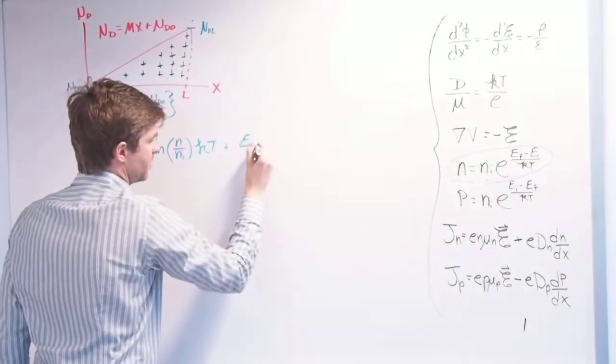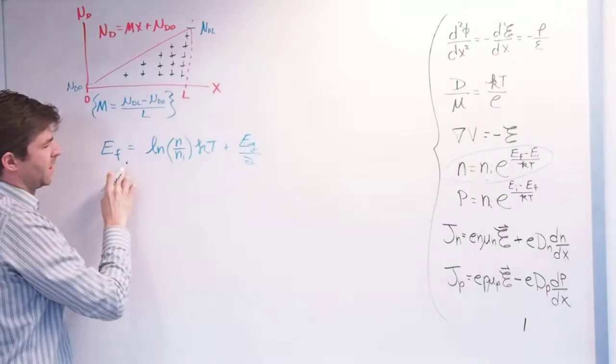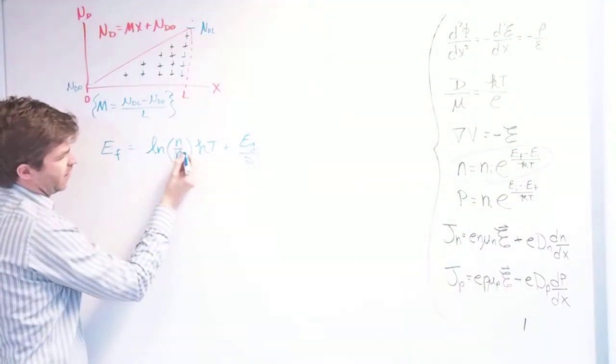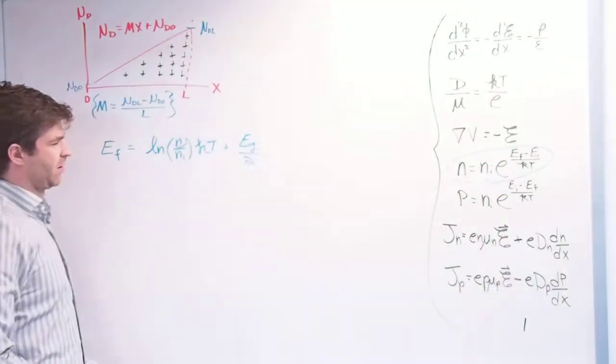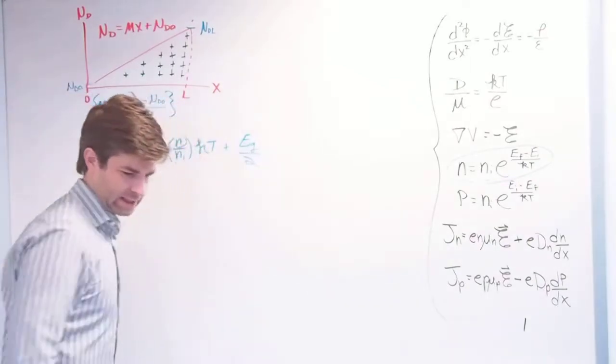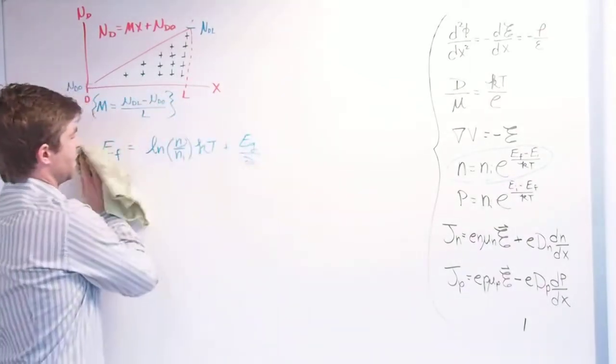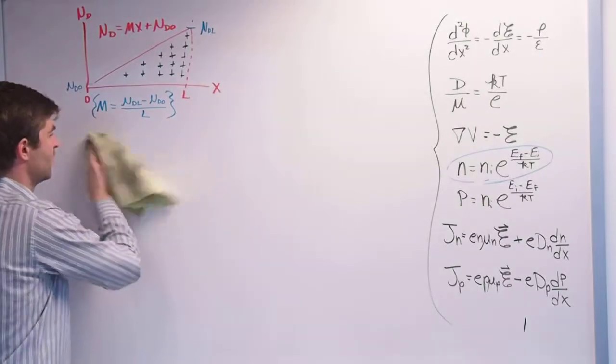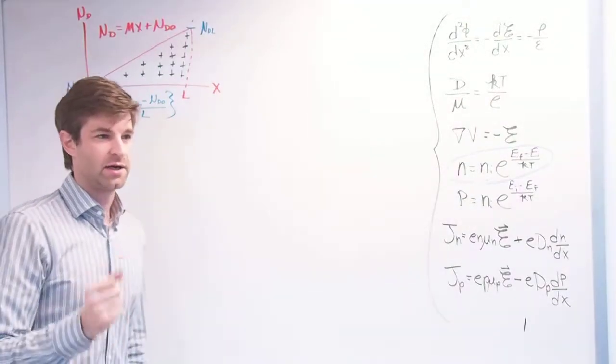So our Fermi level is actually increasing with our electron concentration. But we want our Fermi level to be constant across the semiconductor, and we want the only things changing to be the conduction band and the valence band.